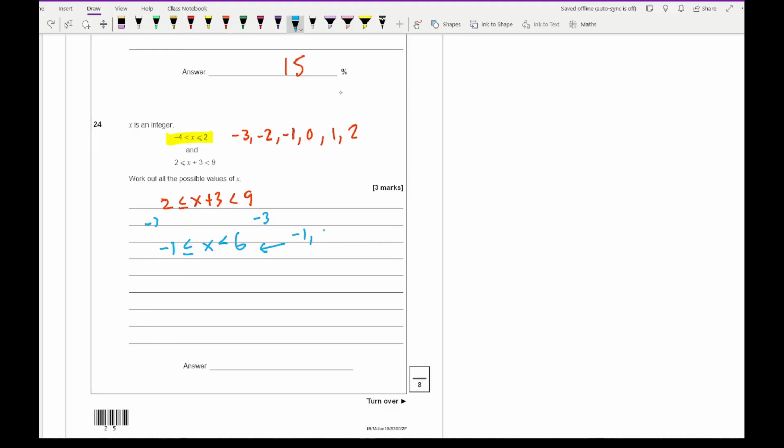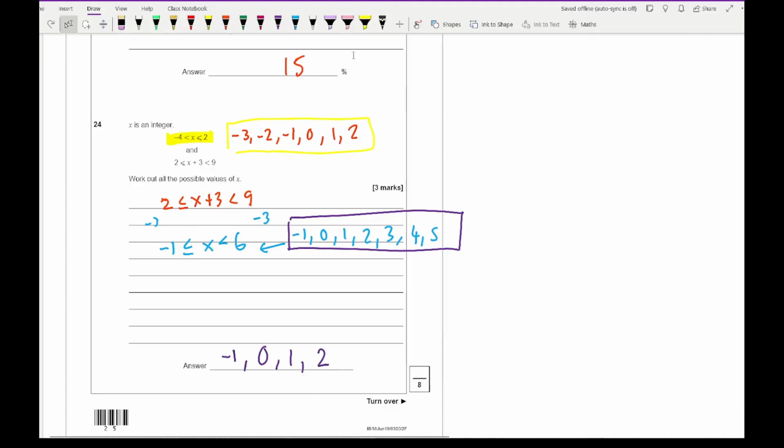Well, they could be -1, 0, 1, 2, 3, 4, 5. Now what the question is asking me is which numbers appear in both this list and this list. The numbers that appear in both are -1, 0, 1 and 2.